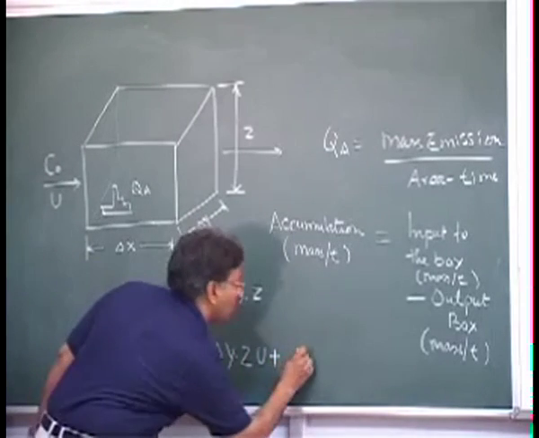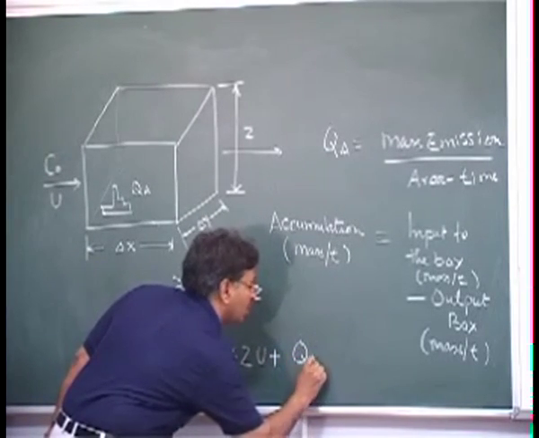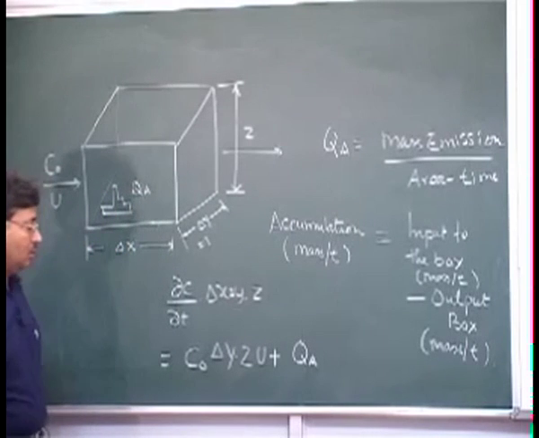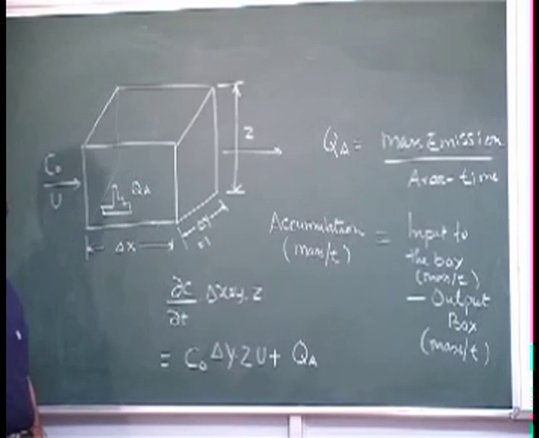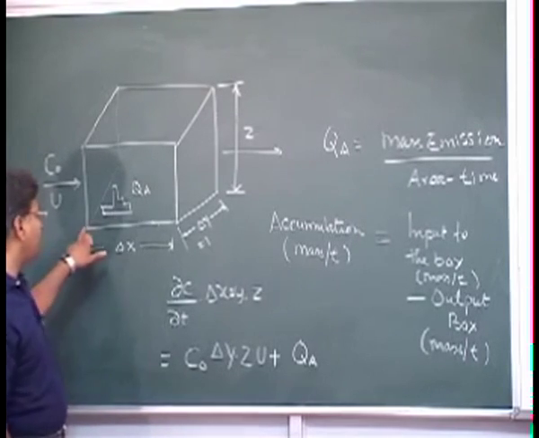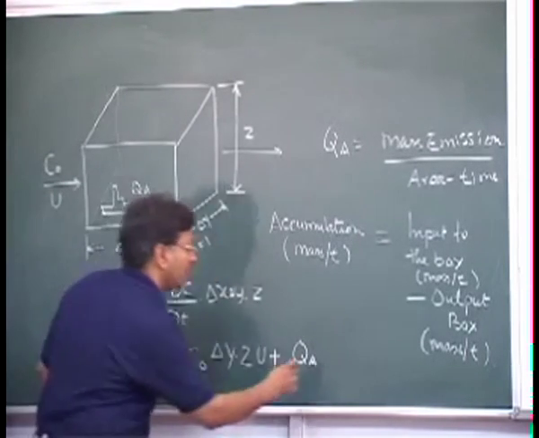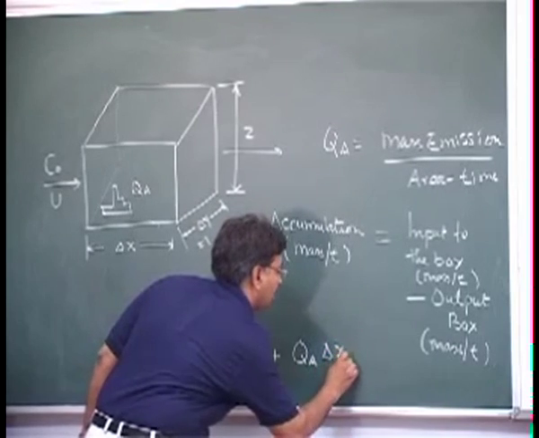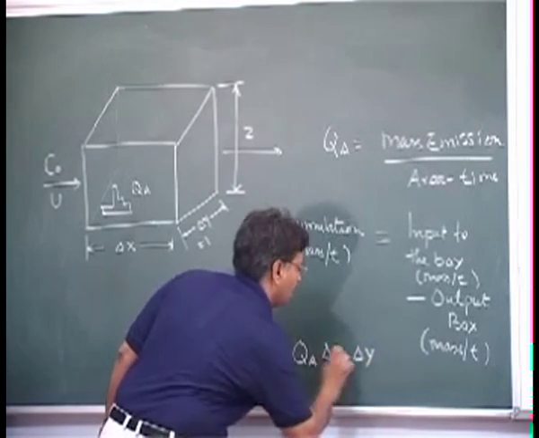So QA, what do I do? Multiply by the surface area of the box. So that is delta x times delta y.